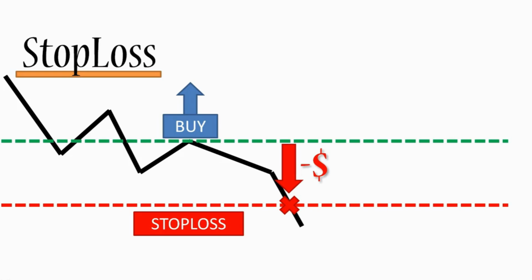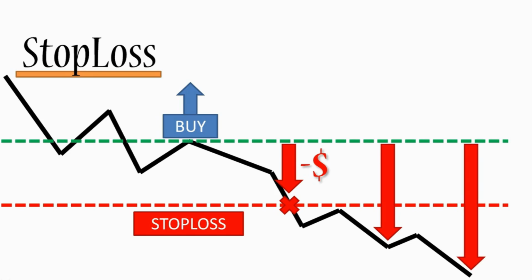So at this stage you would ask, why is a stop loss good if it brings losses? Well, let's see what happens to the market further down the track. It goes a bit up, it goes down, it goes up, and then it goes further down. So as you can see, there could potentially have been a much higher loss. Say this one, or even this one, or even more than that.